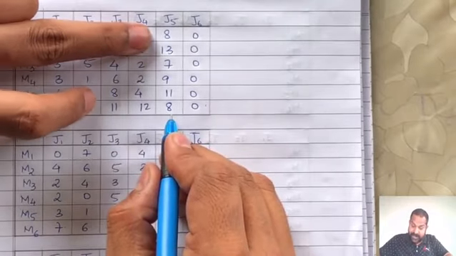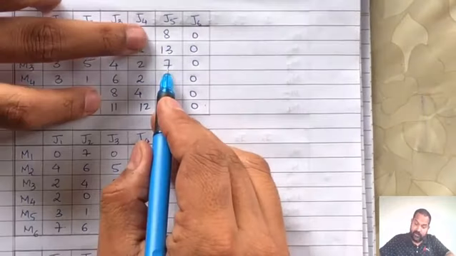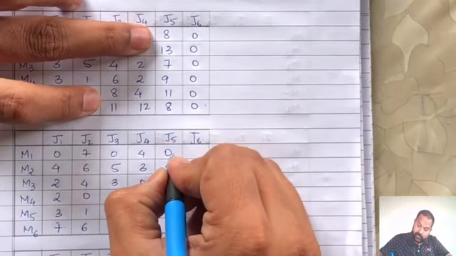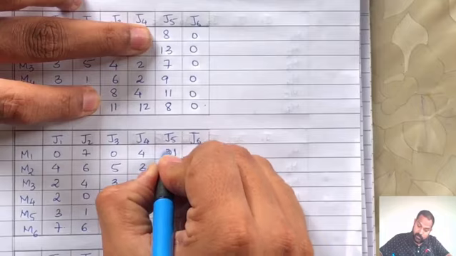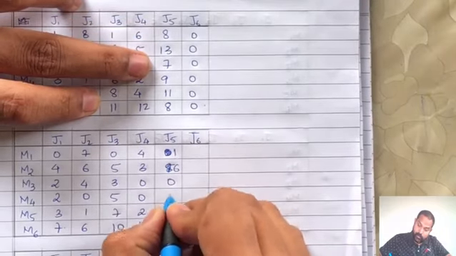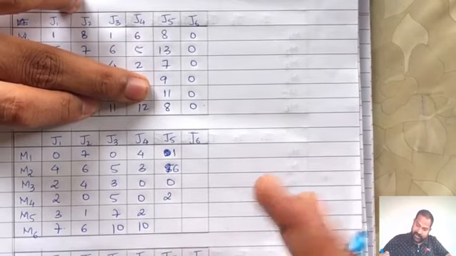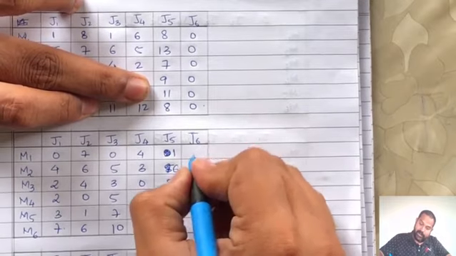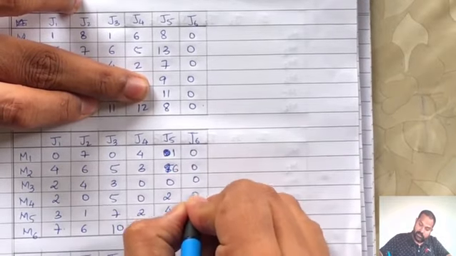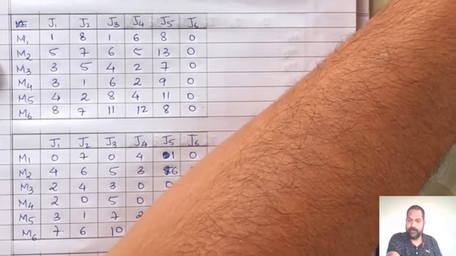The least is 7, so 8 minus 7 is going to be 1. I'm sorry, then this is going to be 6. Correct: 4 and 1, and 0, 0, 0, 0, 0 and 0. So step 1 row reduction, step 2 column reduction, done. Let's move on to step 3, assignment.